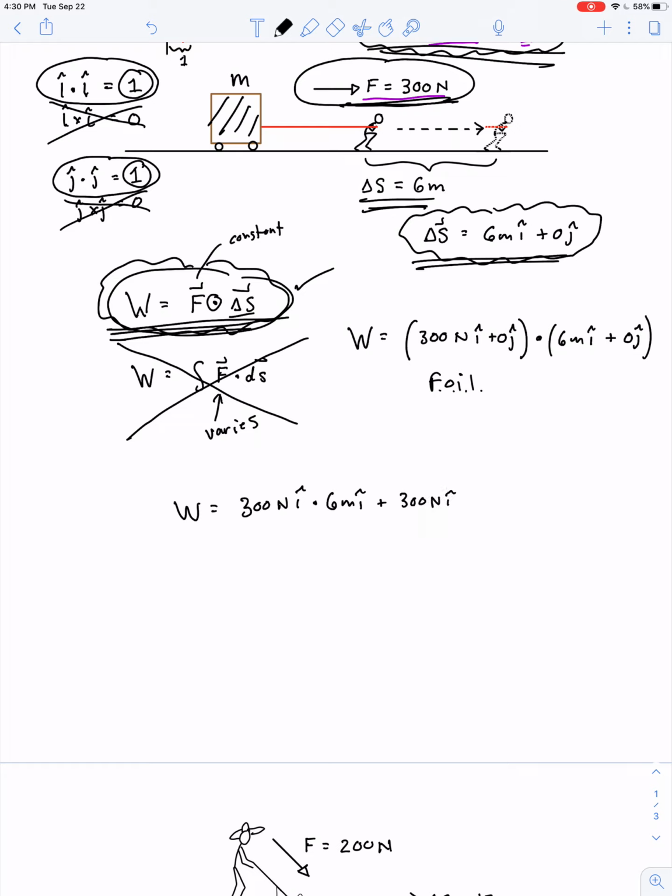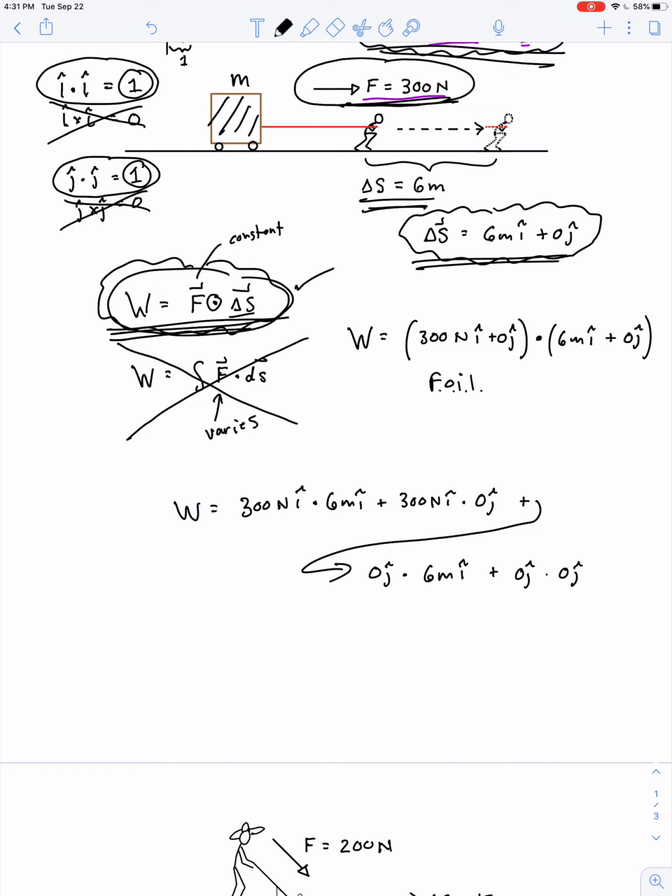300 newtons I hat dot 0 J hat plus, here we need to work over to the next line. Now we need to do the inner, 0 J hat dot 6 meters I hat, and then finally the last, plus 0 J hat dot 0 J hat.